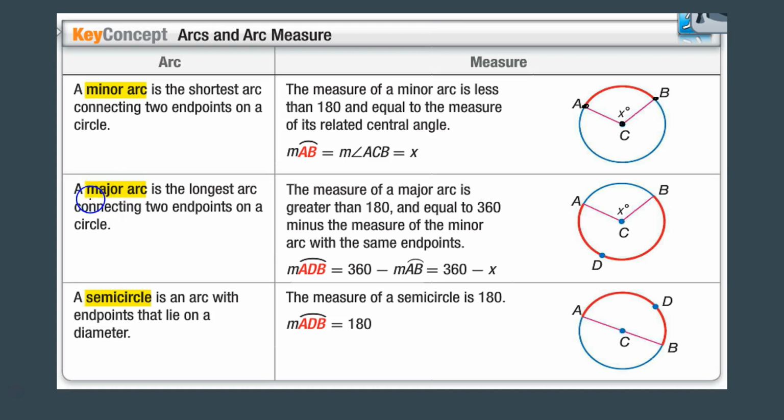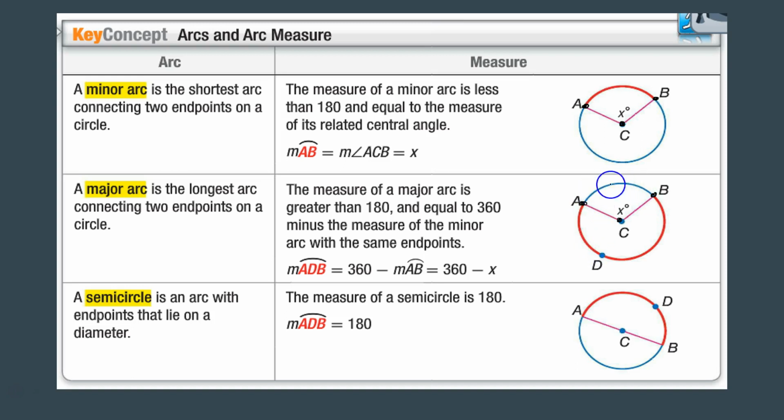Alright, so a major arc is the longest arc containing two endpoints on a circle. So our endpoints are A and B once again, and our center is C. We have our blue arc and we have our red arc. The difference being that our red arc is the one that we want to look at now because that is our longest arc.